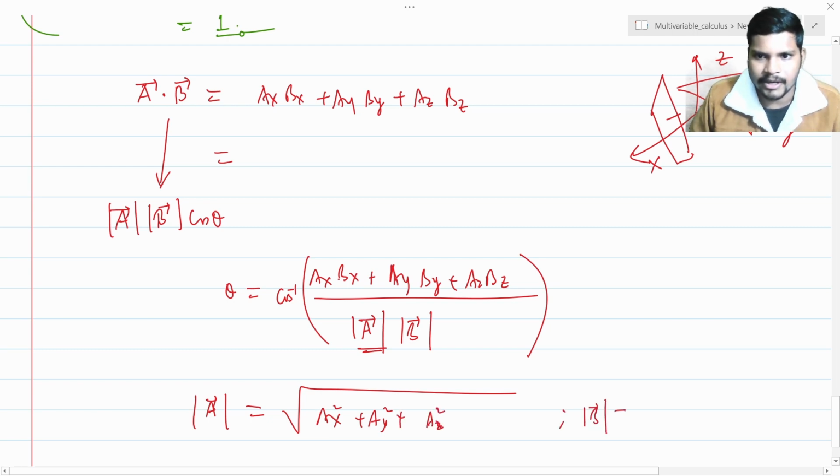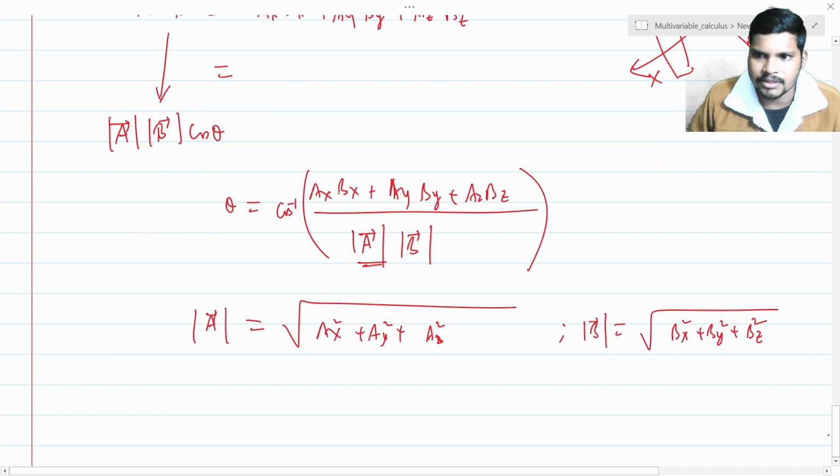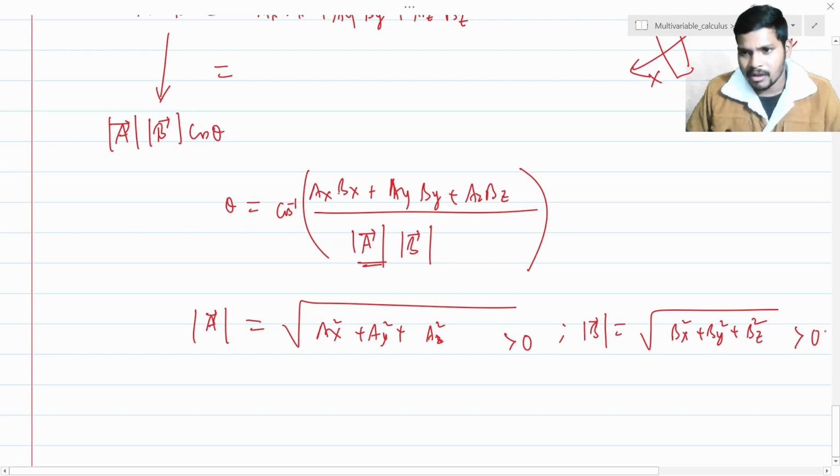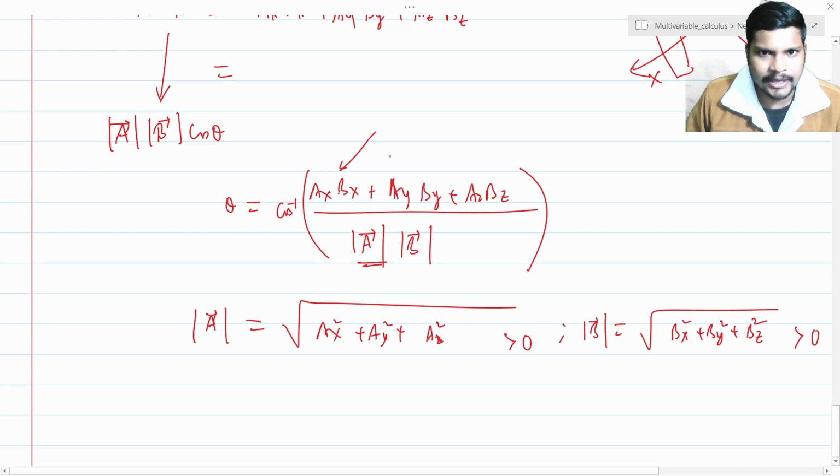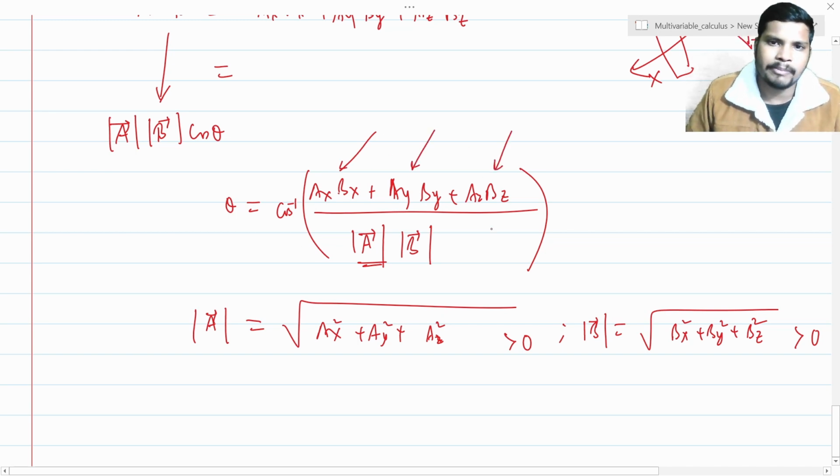On the other hand, the magnitude of b would become bx square, by square, and bz square. These quantities cannot be zero, otherwise it's not a vector, but they are obviously greater than zero. However, the multiplication of these can give you a negative sign and so on. So depending on it, you can get what your theta is.